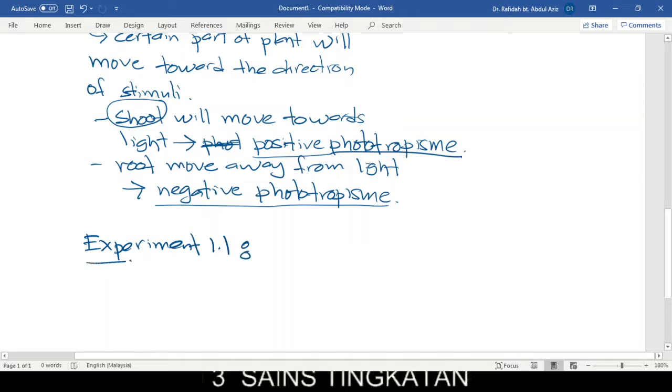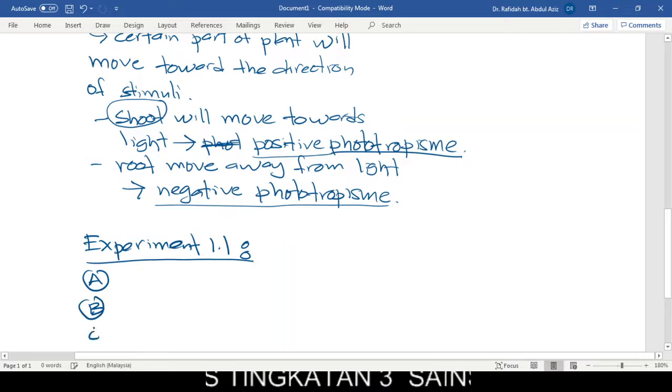This experiment discusses responses of plant toward different types of stimuli. So we have three activities, A, B, and C.